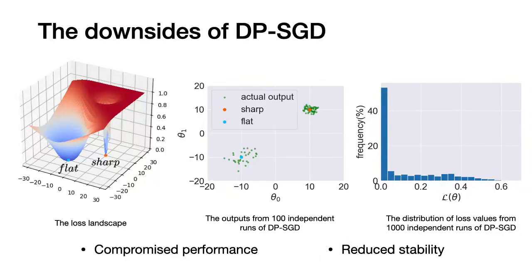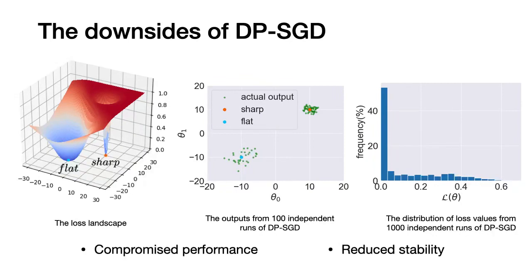Now, let's see what happens when we use DPSGD to solve this problem. In the middle figure, we plot the final parameters from 100 independent rounds of DPSGD. We can see that both the sharp minima and the flat minima capture their share of outputs in their neighborhood.